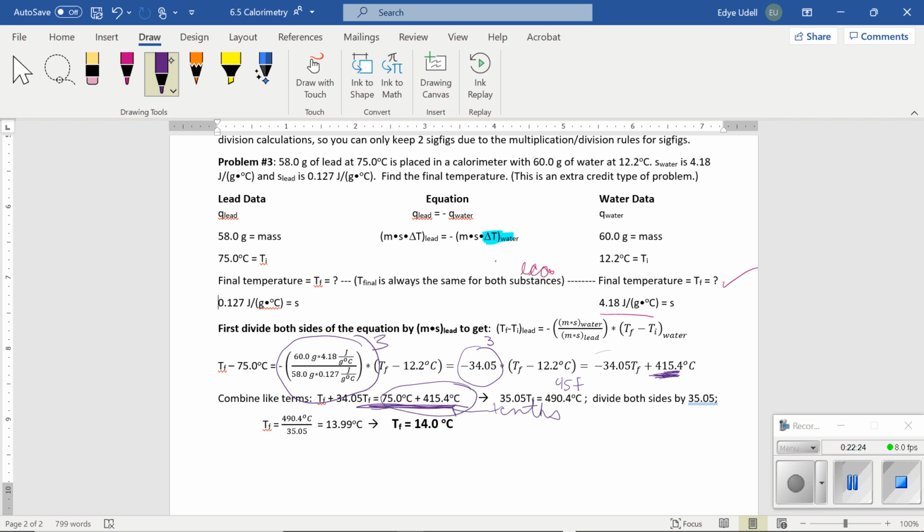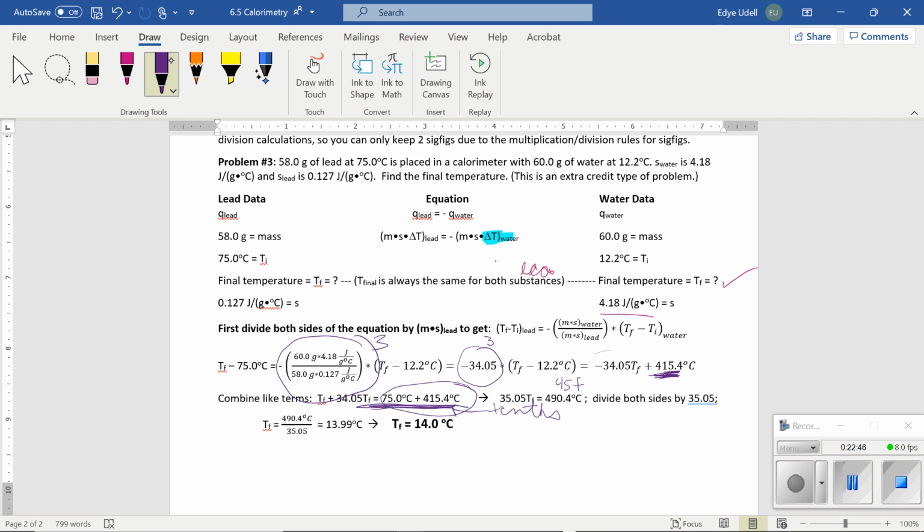Actually, maybe I could only keep 2 sig figs because that 14 came from multiplying this with 3 sig figs, and I multiplied this into this. Actually, I could only keep 3 sig figs here, even though I kept the extra sig fig.